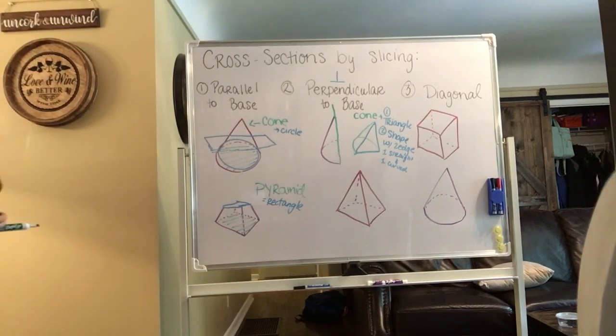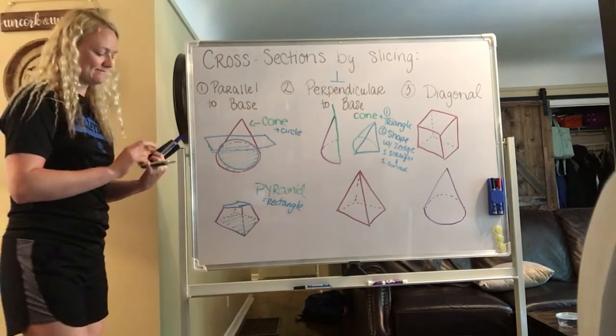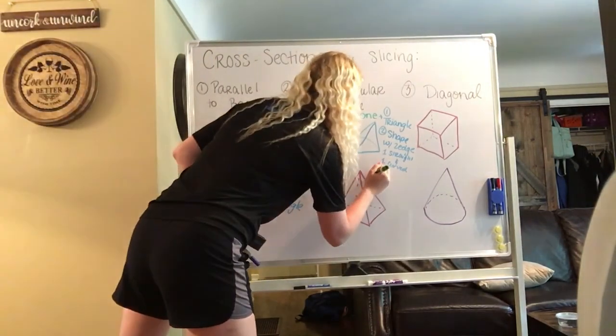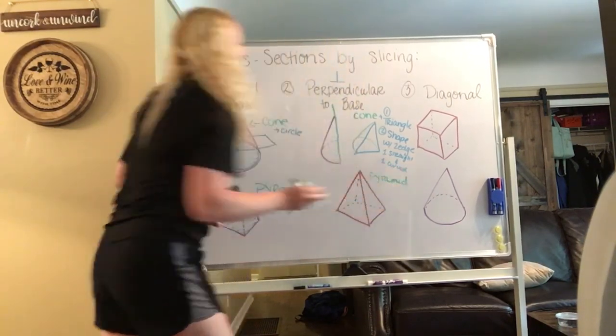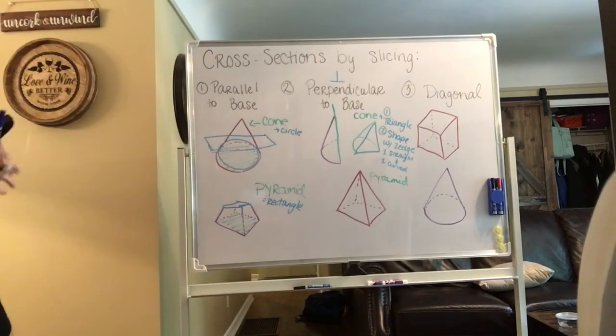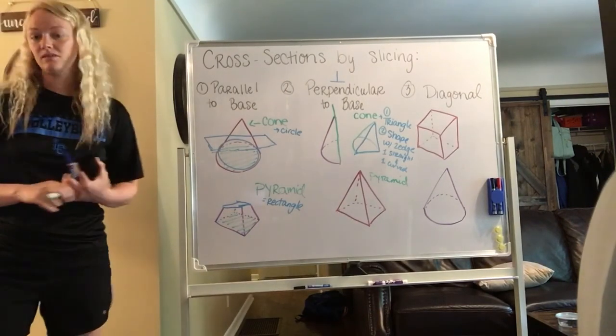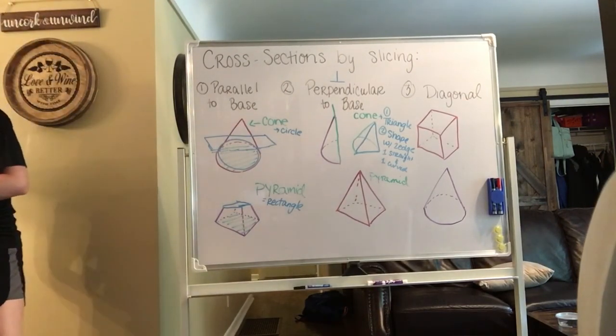Let's go and check out our pyramid again. Okay. So again, with this pyramid, perpendicular to the base. Okay. So perpendicular is going right through it.